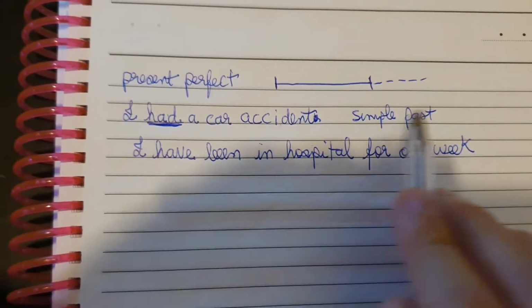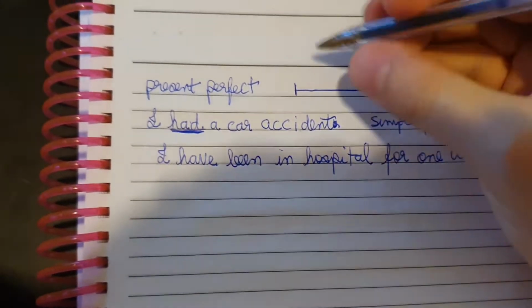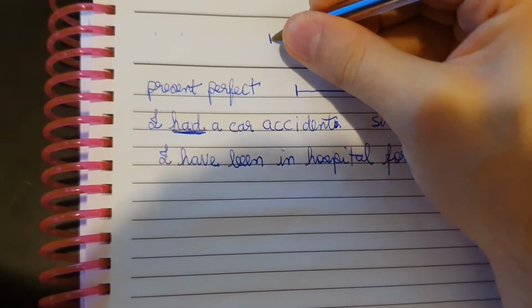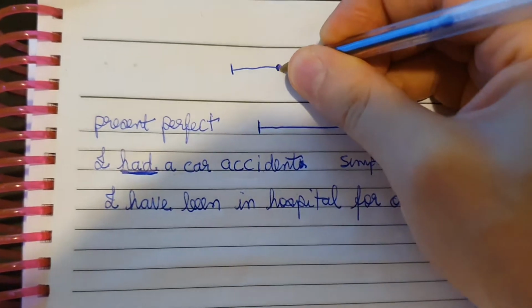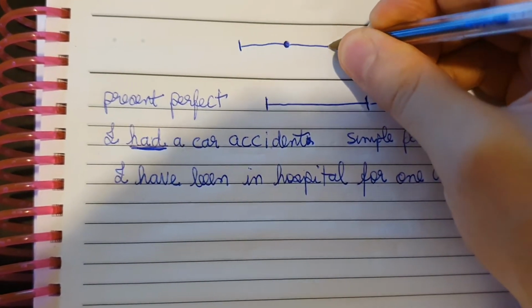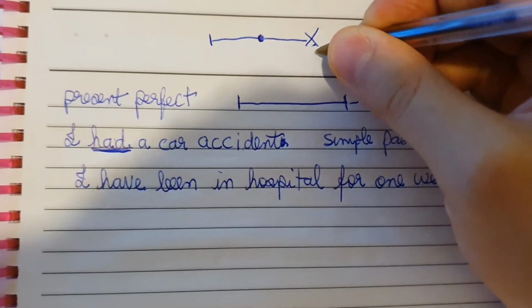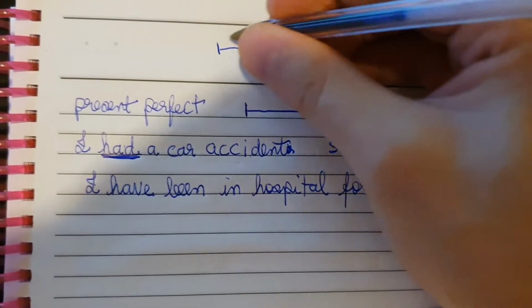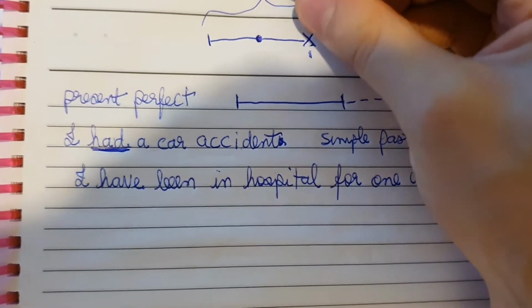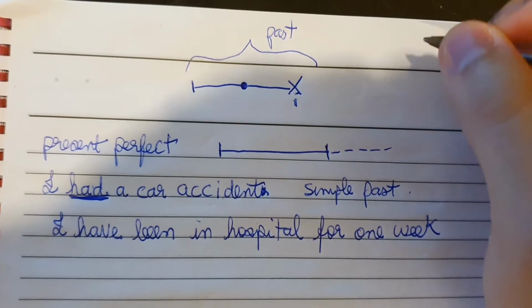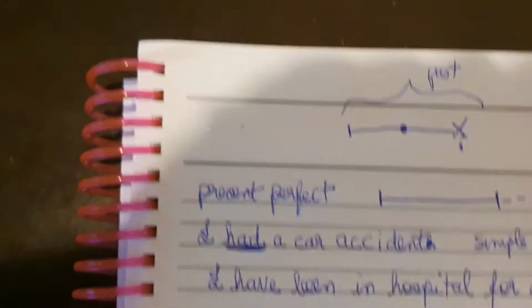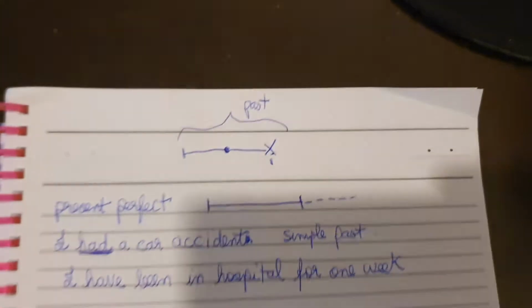the car accident was in the past. Okay, so I had the car accident sometime in the past. Here, it was the car accident. Then somebody took me to the hospital. This whole set of actions happened in the past, not in the present.